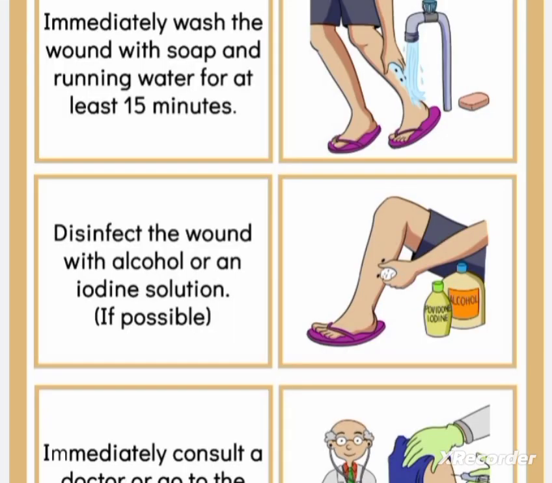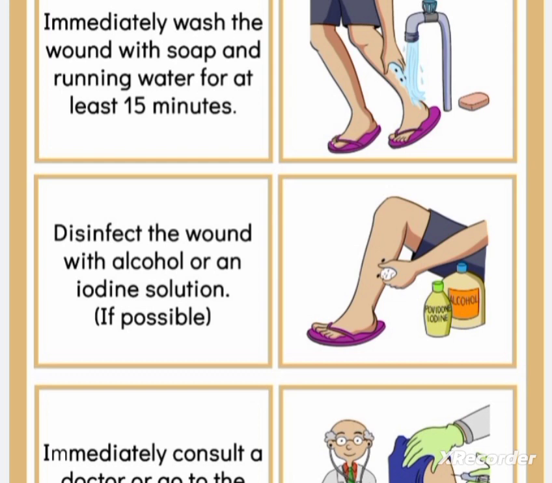Firstly, when you get a dog bite or dog scratch, what do you have to do first? The first thing you have to do is wash the wound with soap and water.